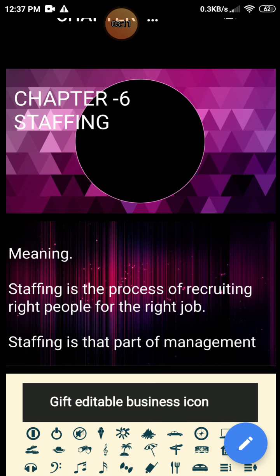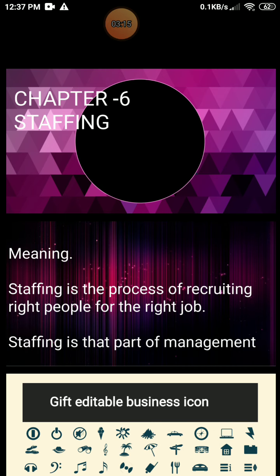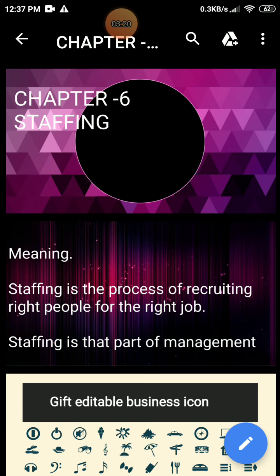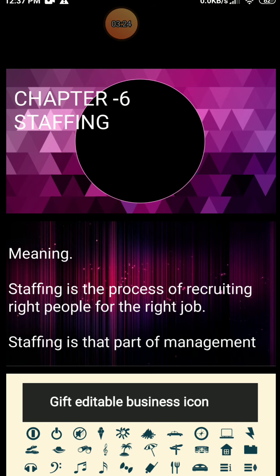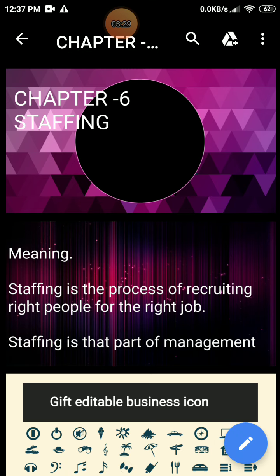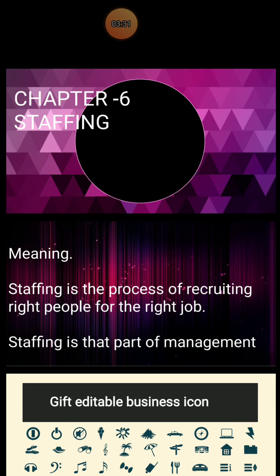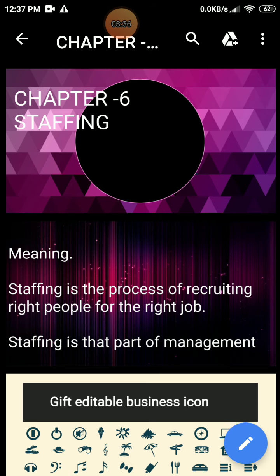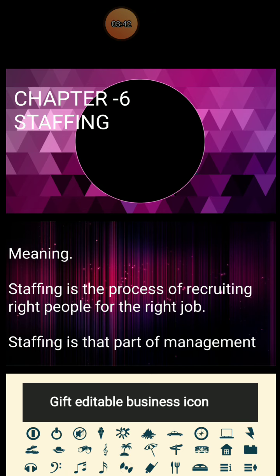As you have three levels of management, top, middle and lower, you require many candidates to be recruited at different levels, and each employee must be appointed in the right way, giving importance to each designation. So staffing is the process of recruiting the right people for the right job.